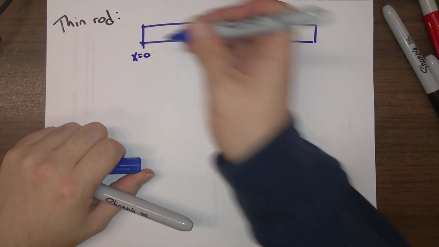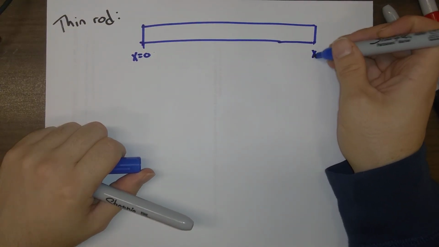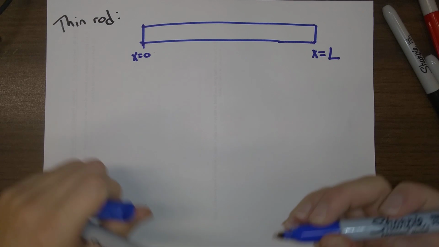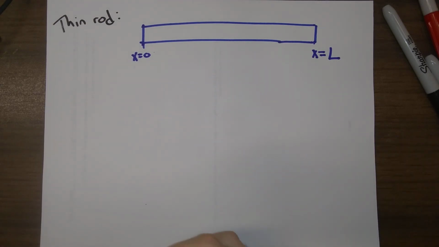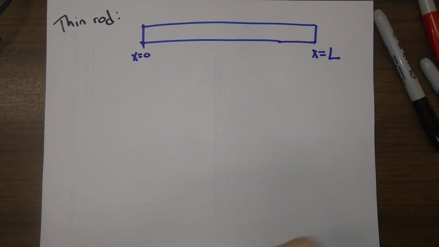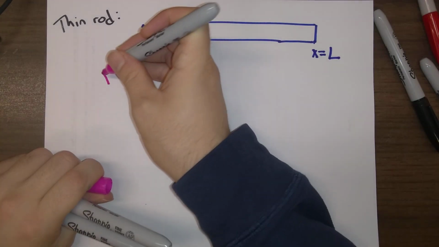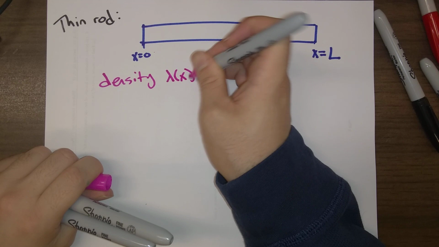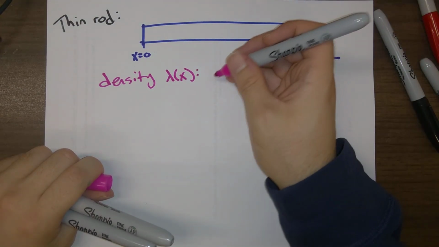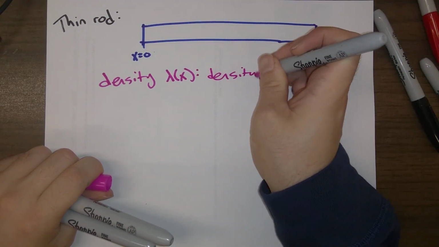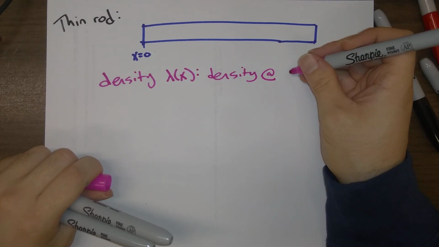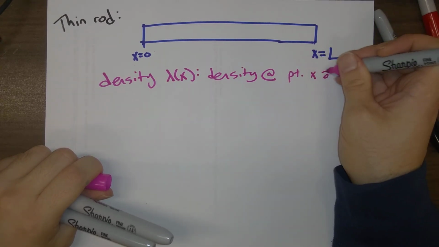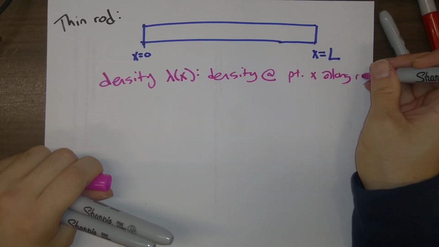Let's say over here is where x is equal to 0, and over here x is equal to capital L. The information that will be given about this will be a density, lambda of x. This gives us the density at point x along the rod.